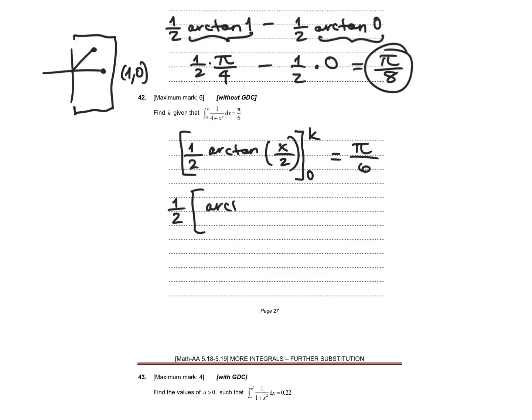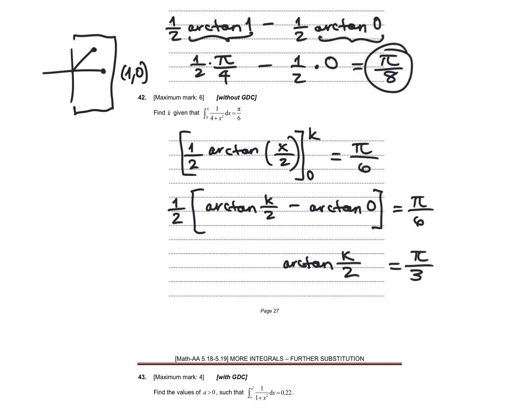That's going to be arctan k over 2 minus arctan 0, and that's equal to pi over 6. If we multiply by 2, this is equal to pi over 3. And we just did arctan 0, so that goes away. So we just have arctan k over 2 is pi over 3.